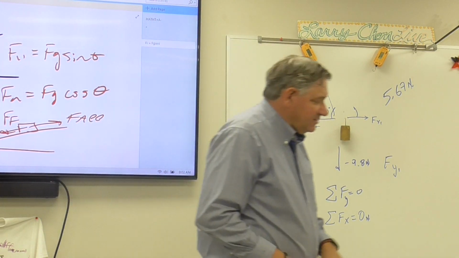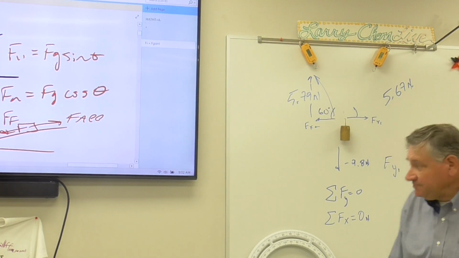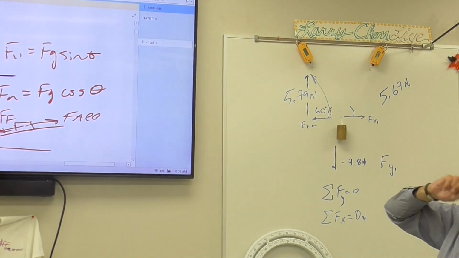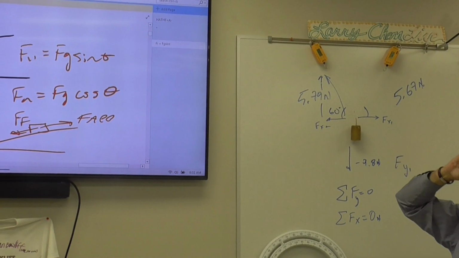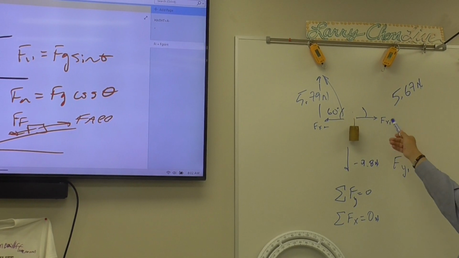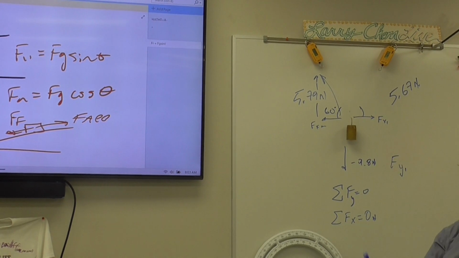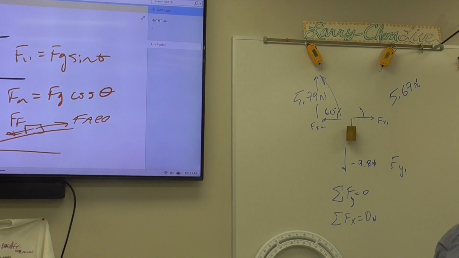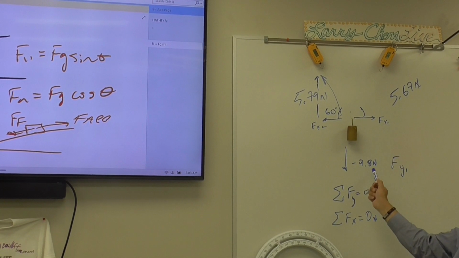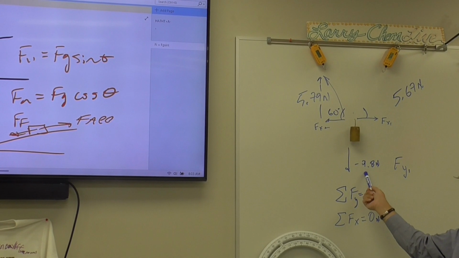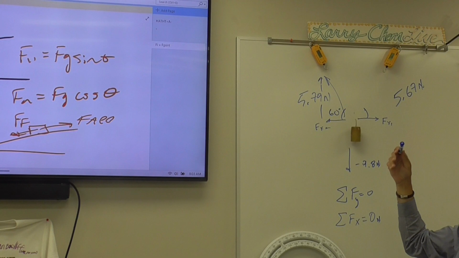So here's the story. What you're going to try and do is set this up and find these y components and these x components. Now, in theory, what should your two y components add up to? These two y components up here should add up theoretically to 9.8, because it's still not accelerating vertically.